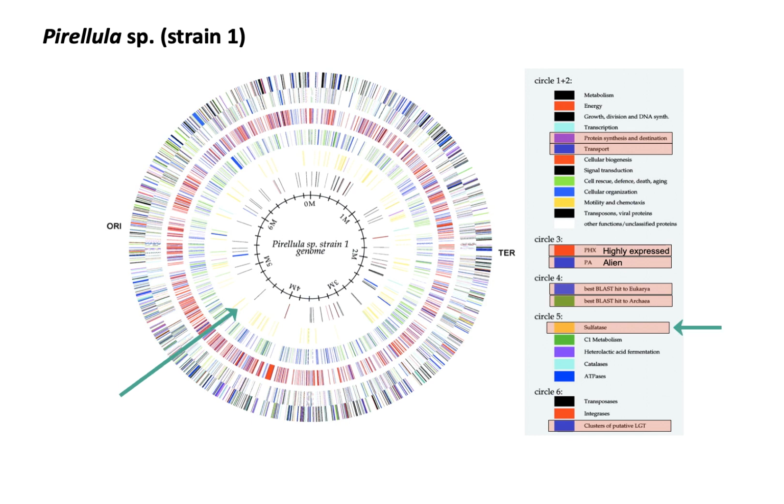And then the fifth circle, those yellow bands indicate sulfatases, and that's for scavenging carbon from sulfonated compounds. And the final ring, circle 6, indicates regions of the chromosome that indicate lateral or horizontal gene transfers, clusters of genes that have been the product of horizontal gene transfer from other species.